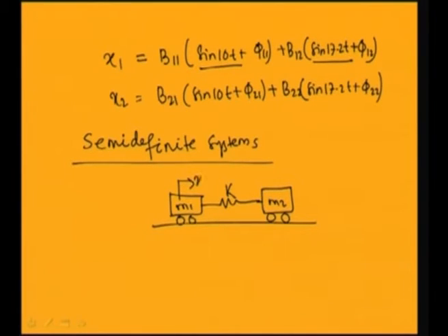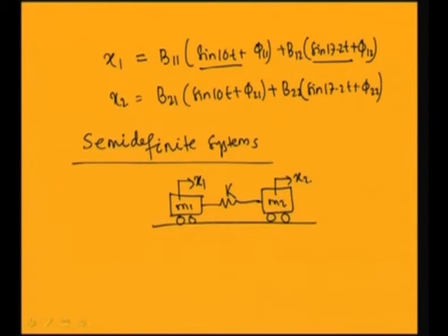So this is x1 and this is generalized coordinate x2. Kinetic energy equals half m1 x1 dot square plus half m2 x2 dot square, and potential energy equals half k into (x2 minus x1) whole square. So you can find the equation of motion of the system in this form.